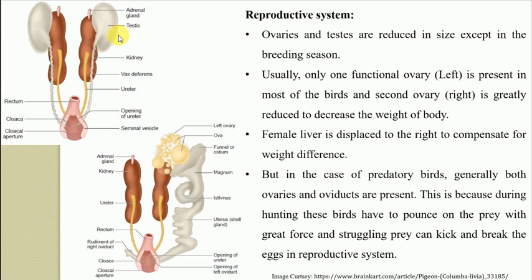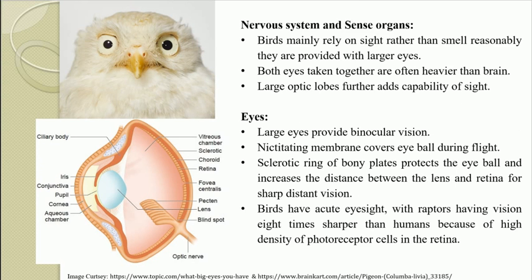Then the next one is the eyes. The large eyes provide binocular vision with a wide field of view. The transparent nictitating membrane covers the eyeball during flight and protects it. The sclerotic ring of bony plates supports the eyeball and increases the distance between the lens and the retina for sharp, distinct distance vision.